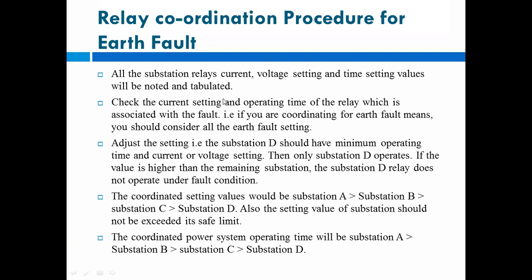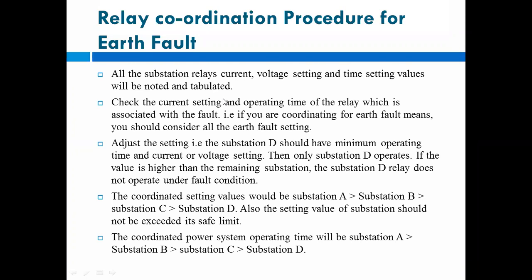Then what is operating time? Operating time of the relay is the overall operating time, when actually a fault occurs. After that, your current will flow through the relay coil. It will take some time. Then for operation of the circuit breaker, time will be required. Then for extinguishing whatever arc is produced, time will also be required.